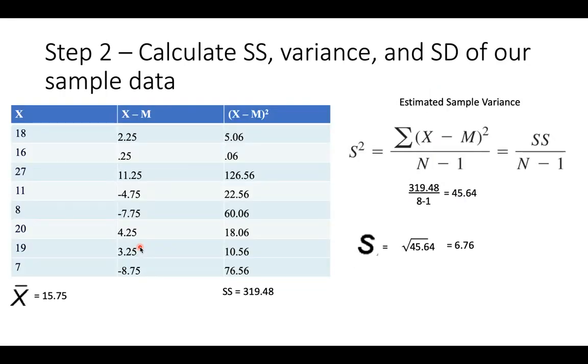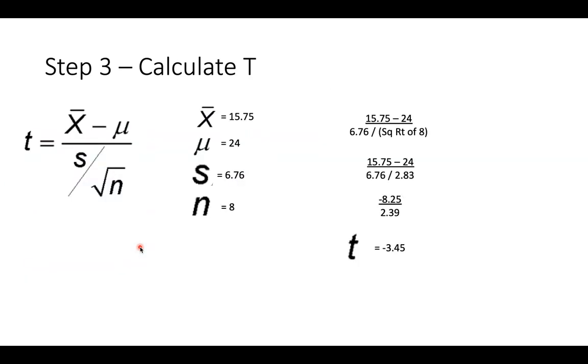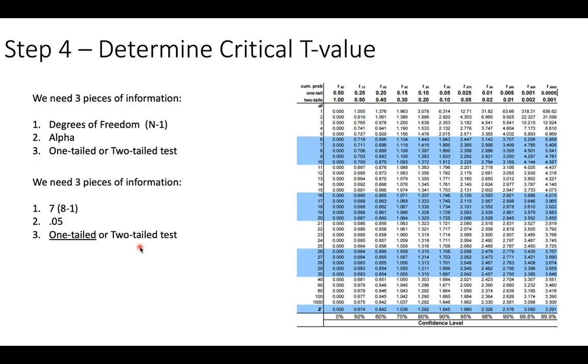I'm going to flip back really quickly to our research question. If you're a clinical psychologist working at a university and you want to know if psychology majors are less depressed, that's our key term there. Less depressed has directionality. Less depressed means that we anticipate our psych majors to be lower than the population average.